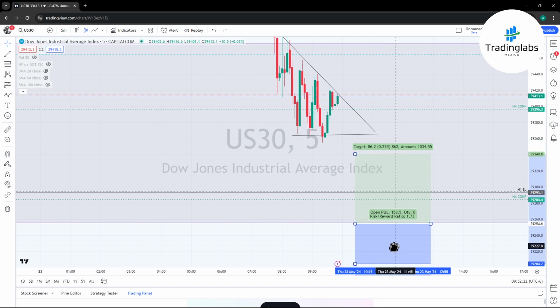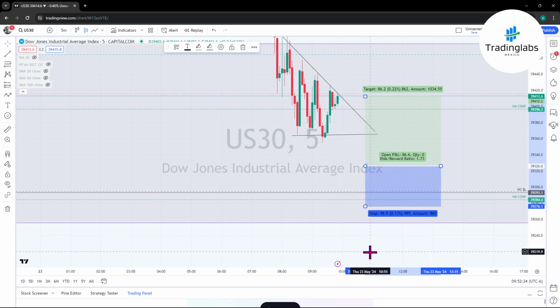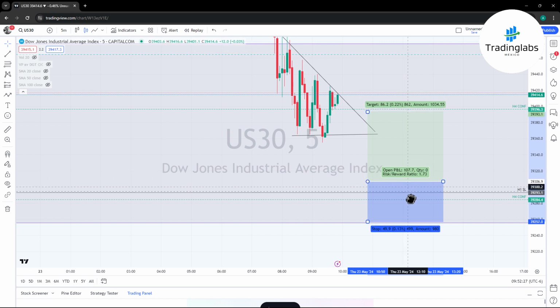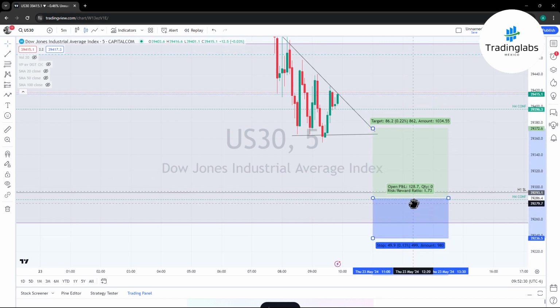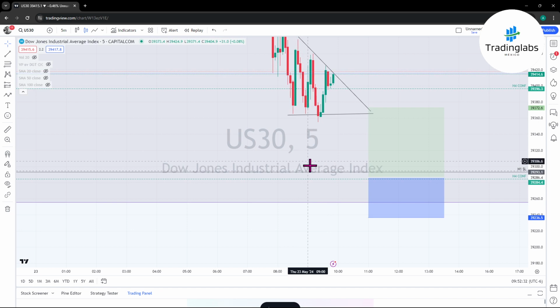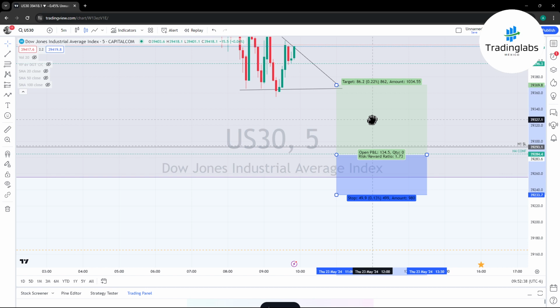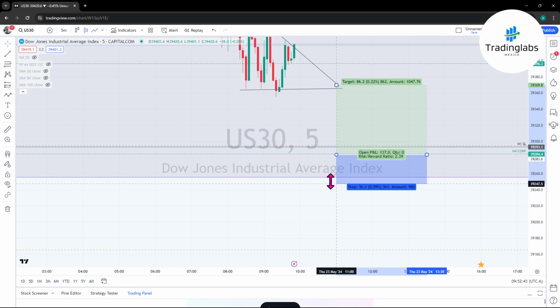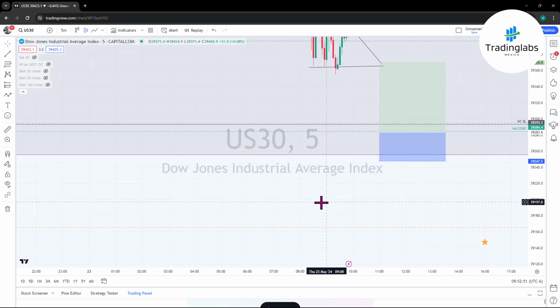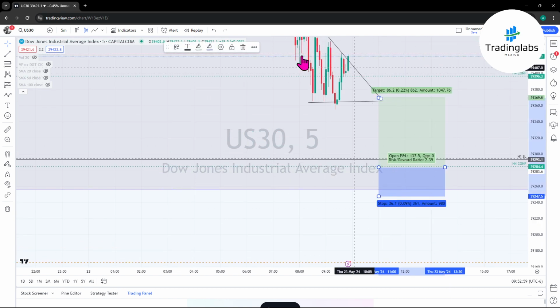But I prefer that it breaks this low first and then shows me something that goes up, and then I place my long, limit order or stop order right on this support, with a tight stop loss from here, or a bit more pips right over here, because I know that if it breaks this stop loss, the market will go down.